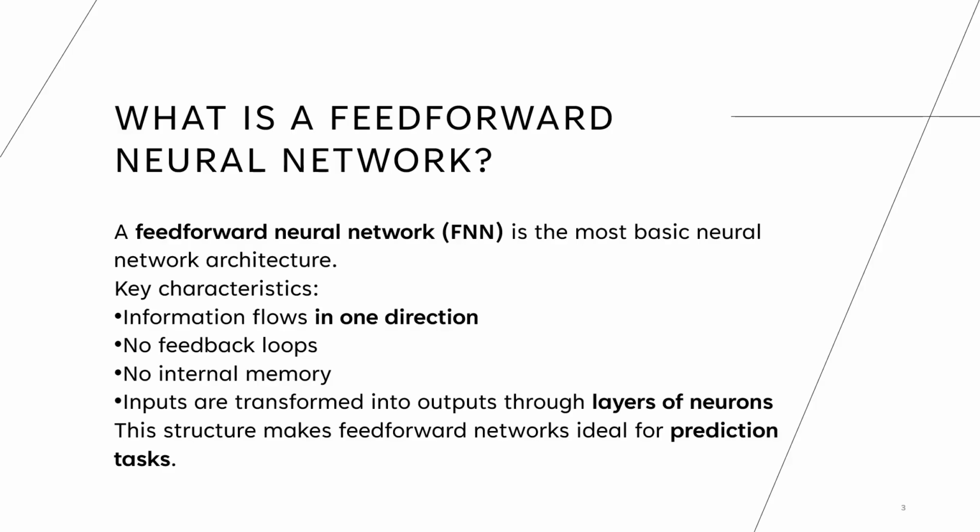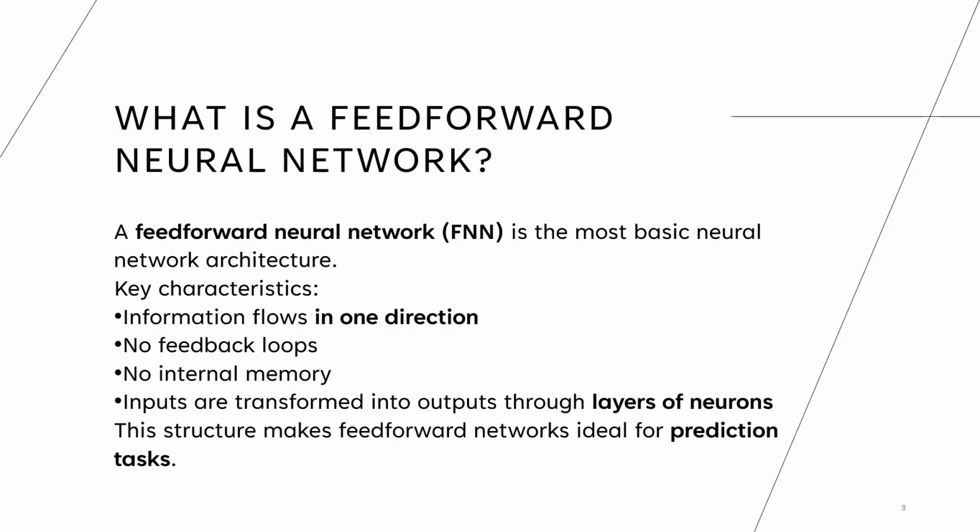They also do not have internal memory. Each prediction depends only on the inputs provided at that moment. Inside the network, inputs are gradually transformed as they pass through layers of neurons. Each layer performs a mathematical transformation on the data before passing the result forward to the next layer.